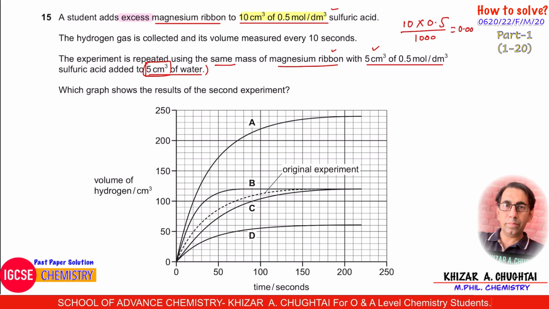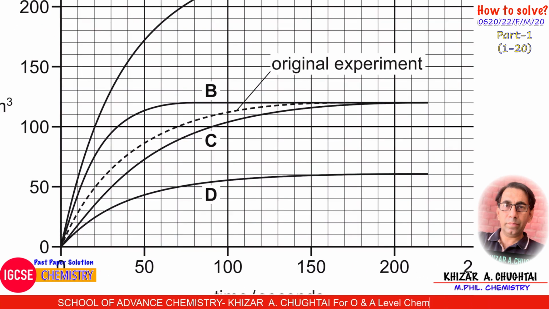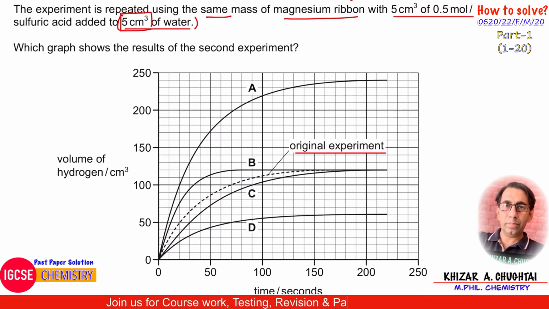So 0.005 mole of sulfuric acid was used in this original experiment, that is shown by the dotted line. Keep in mind, it is behaving as a limiting reactant.